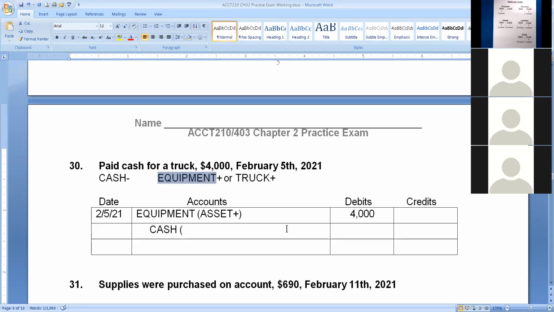So, for example, let's say this truck is going to last for 5 years. Every year, you divide this by 5, and that's how much you would expense every year. So you spread the expense out for more than 1 year.